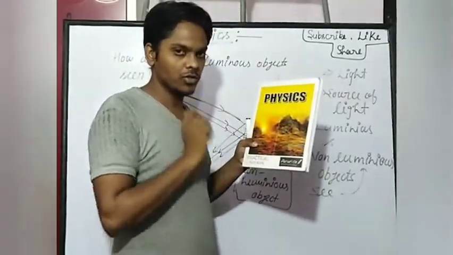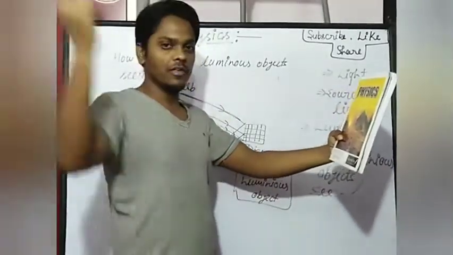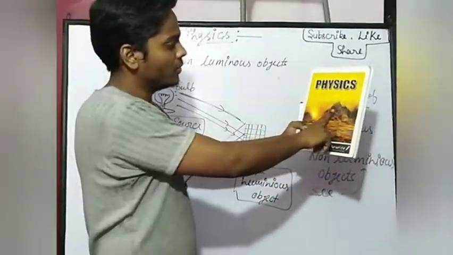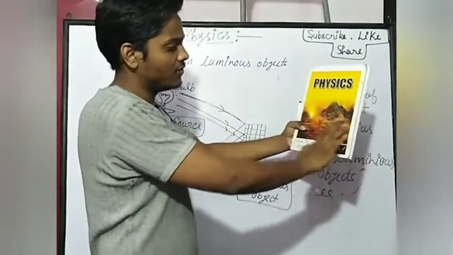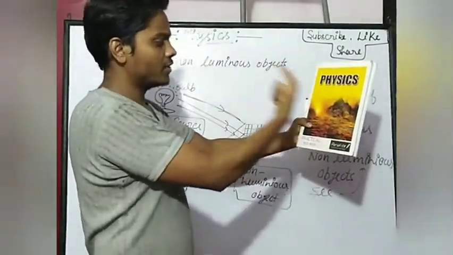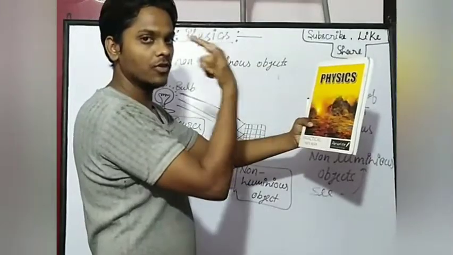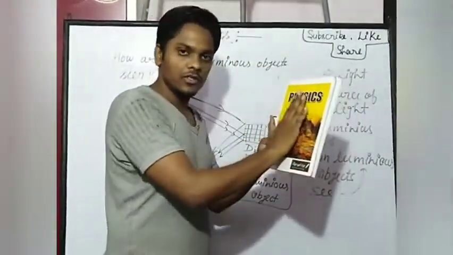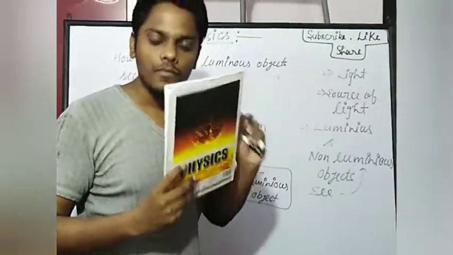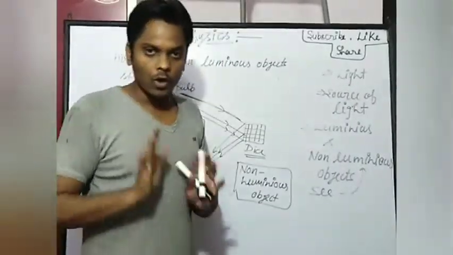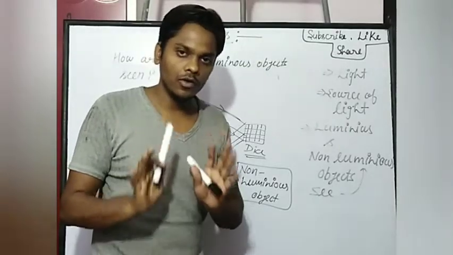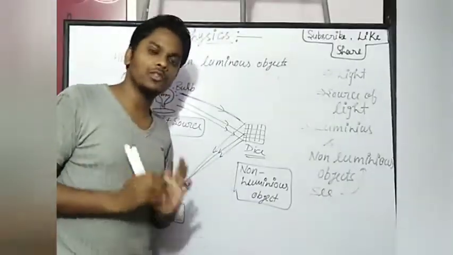That's why you are able to see this. And same thing, light is coming to this surface and then reflects back to my eyes, then I am able to see this portion of the notebook. Hope you got my point.